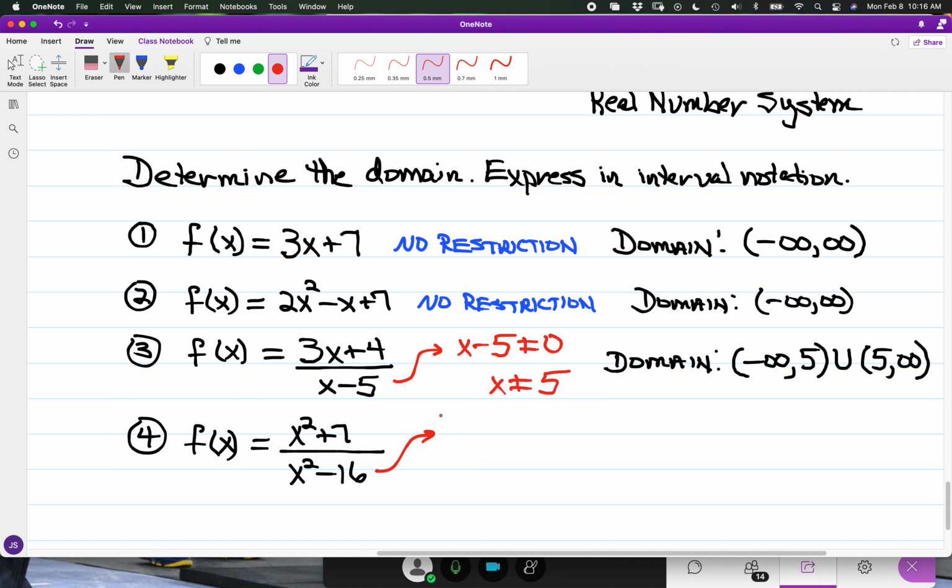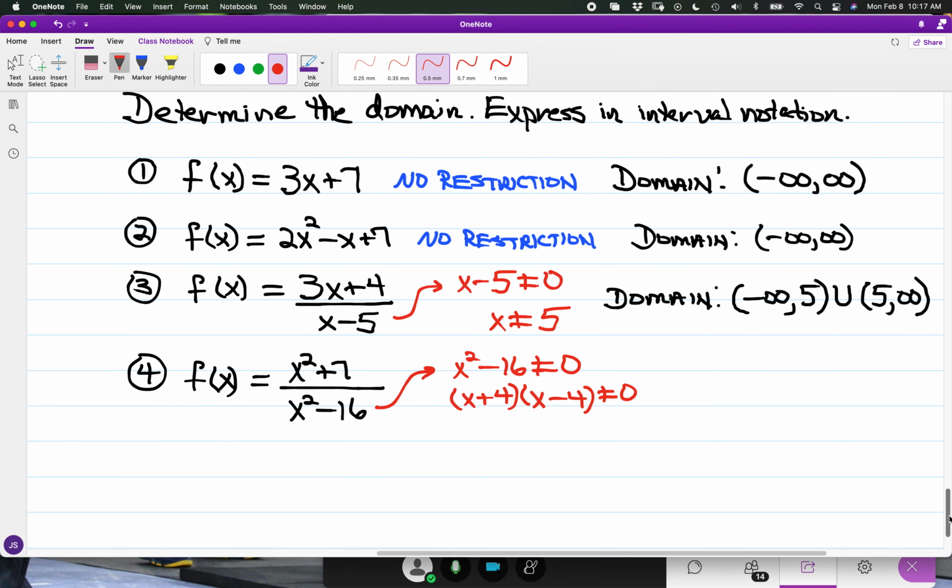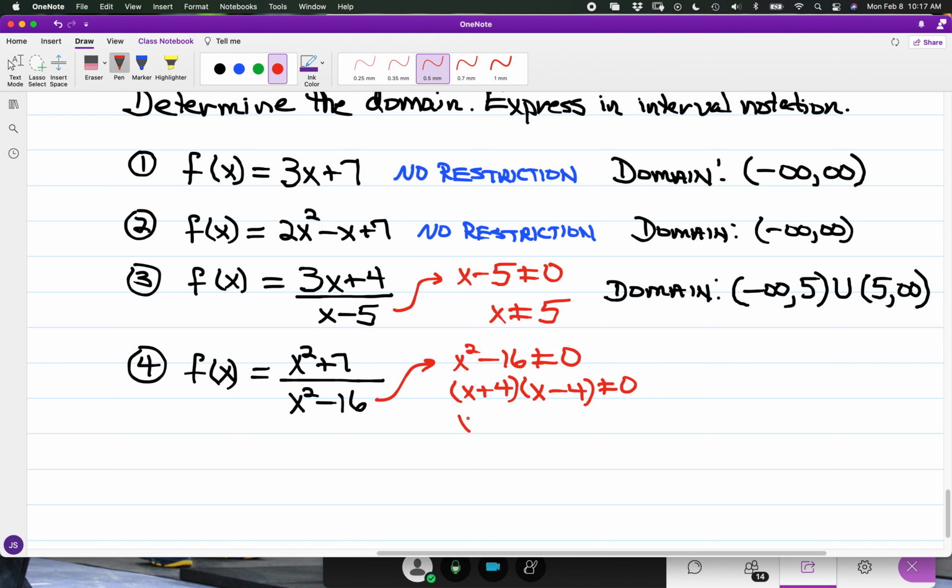In the denominator, we have x squared minus 16. Again, this cannot be equal to 0. With the difference of squares, if the entire difference of squares cannot be 0, then neither can its factors. So neither x plus 4 nor x minus 4 can be equal to 0.